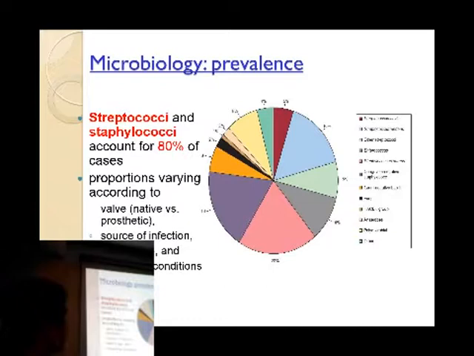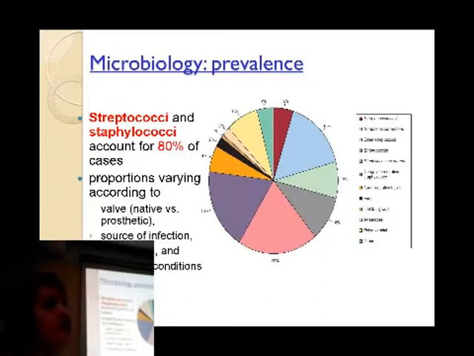Streptococcus viridans accounts for about 16%, out of the half of nearly 40% in total. And Staphylococcus aureus accounts for nearly 20% of cases. Those are the main organisms of importance.